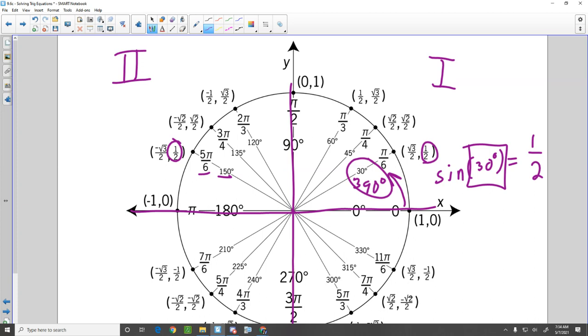Those are called coterminal angles. So where you spin around a whole 360 and you're at the same angle still, it's still going to have the same values. So I could even add another 360 and get up to 750, and that would also have a sine of 1/2. You can add another 360. So there actually are an infinite number of angles with the sine equal to 1/2. But for now, I just want you to recognize it's just on the single unit circle.